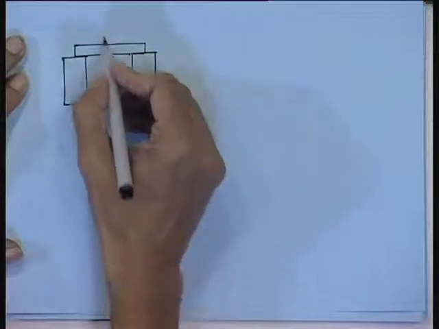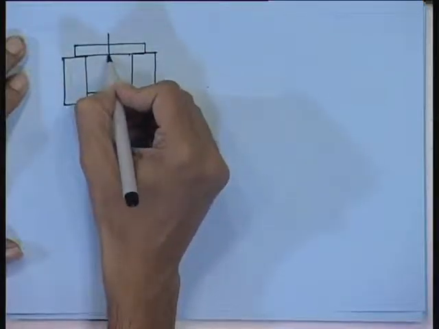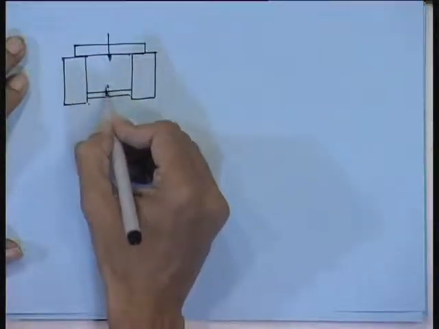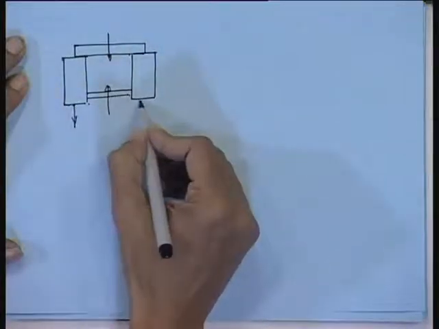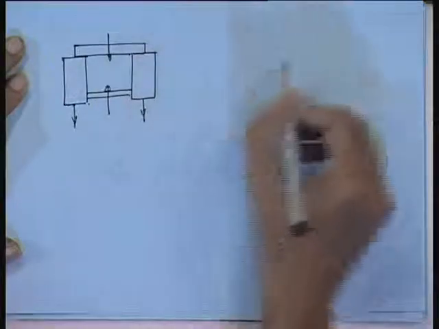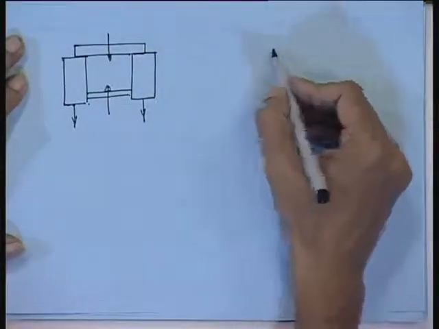So, your weight is coming down, buoyancy is going up, tendon tension is coming, this is your free body diagram.